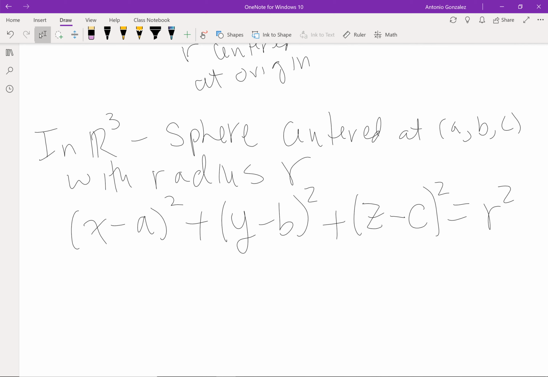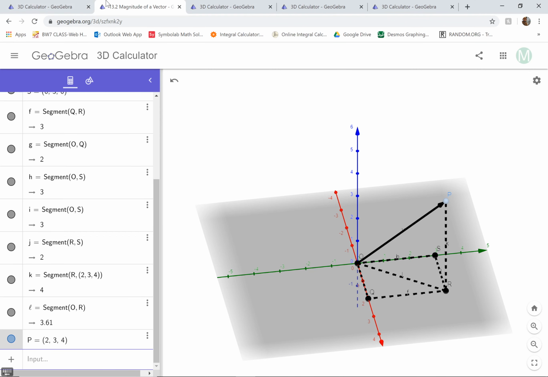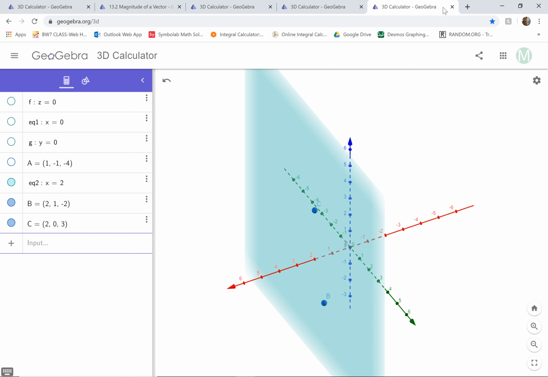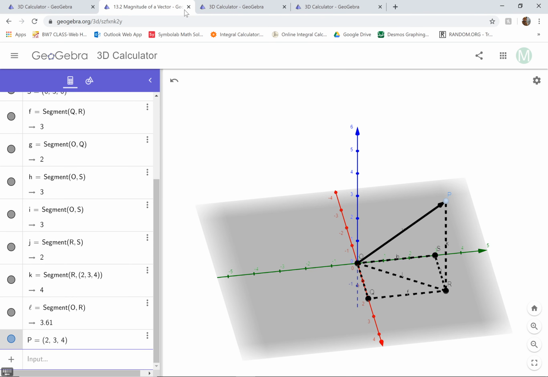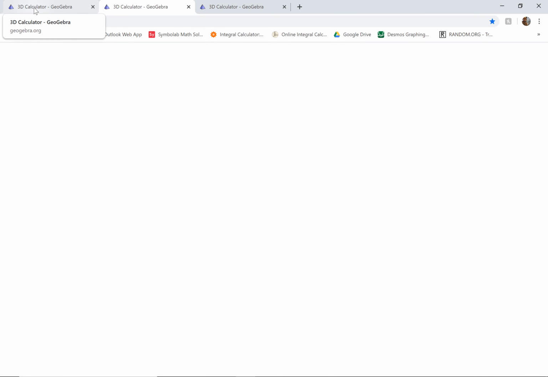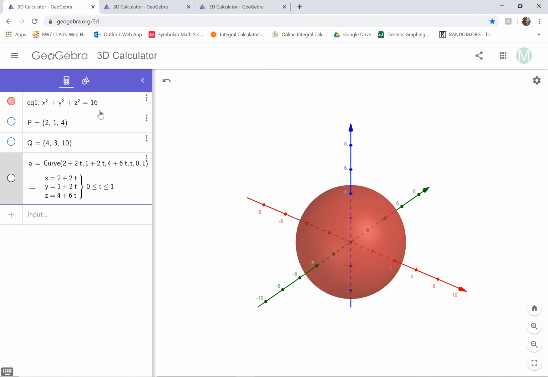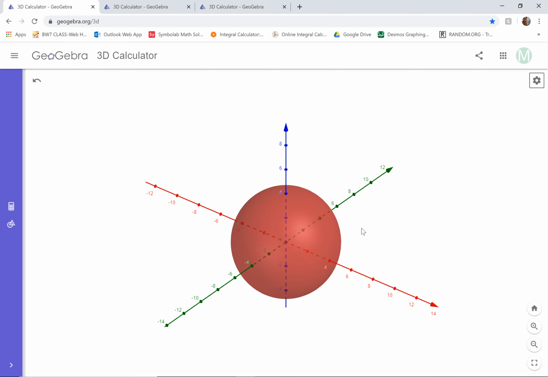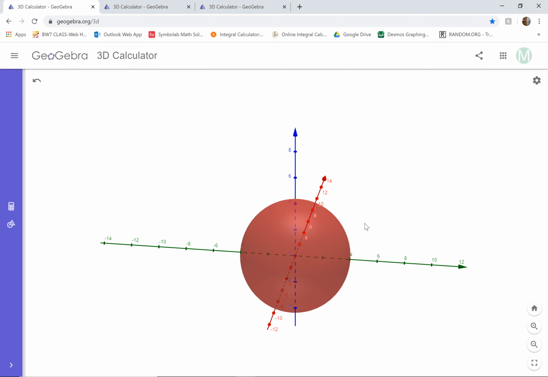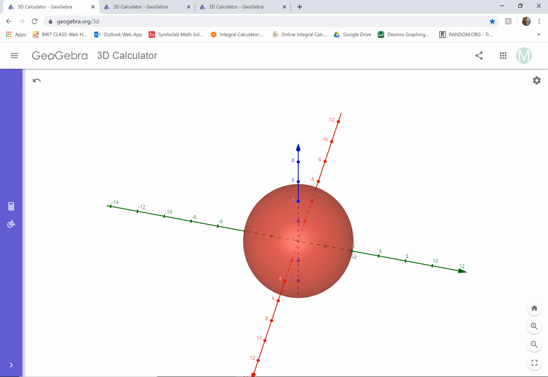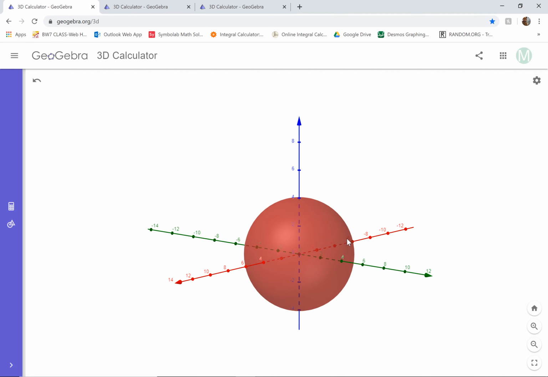Okay, and then here, let me show you this here. Okay, and then we see here that is a sphere of radius 4 centered at the origin.